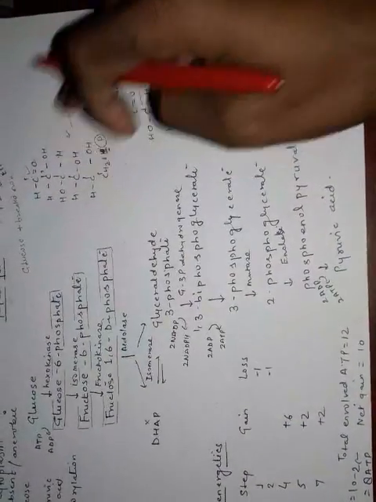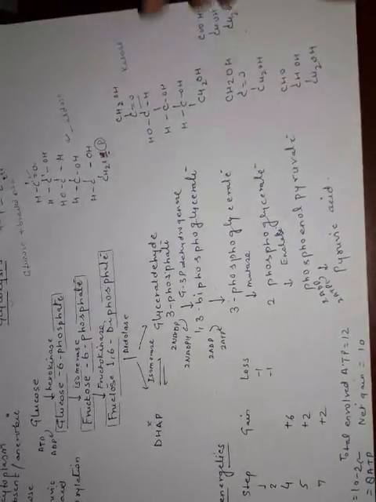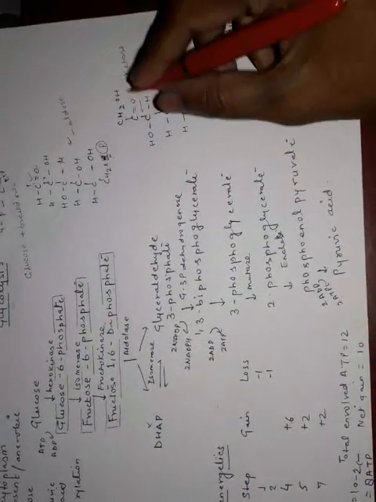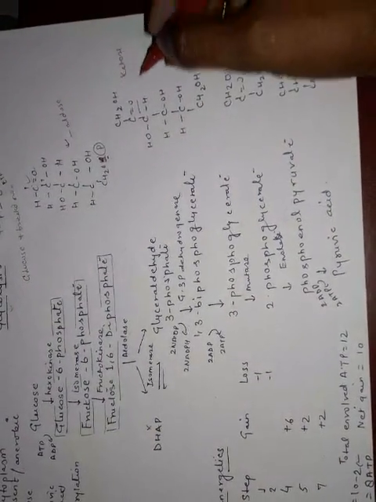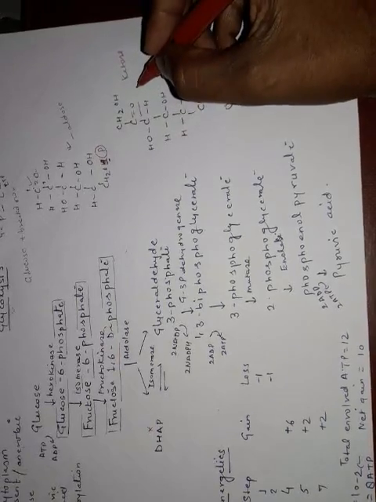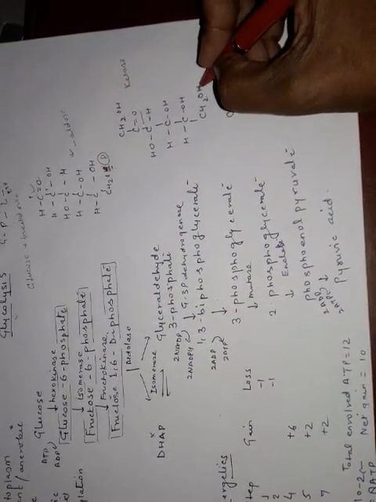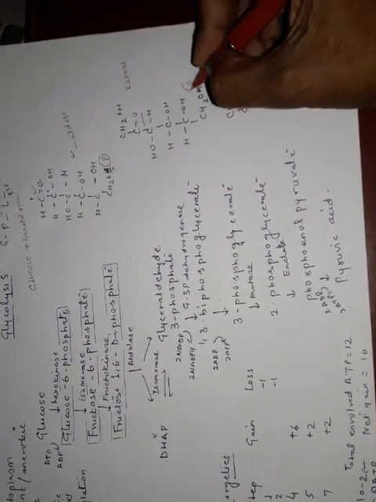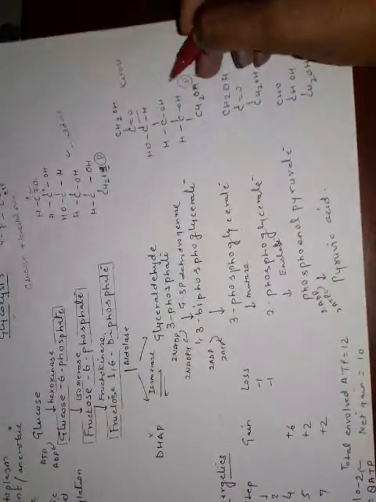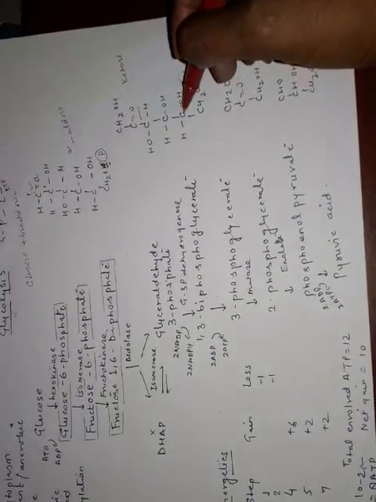In fructose, carbon 6 is this one, and the phosphate group will be attached here: 1 2 3 4 5 6.